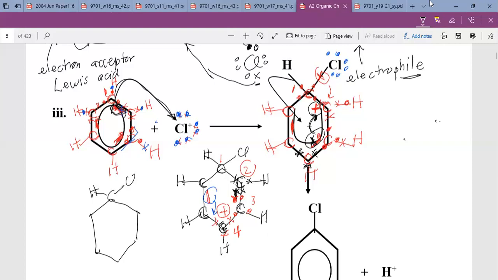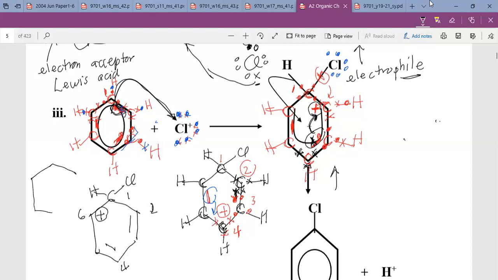This going here. So the positive sign has moved from 2 to 4 to 6. So how do you represent this? This here. Or I can draw like that.